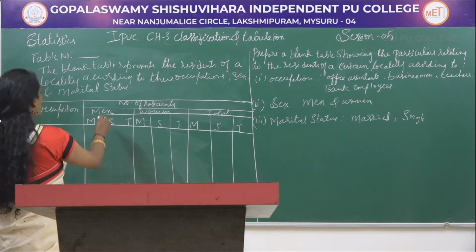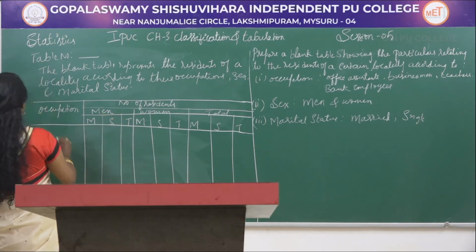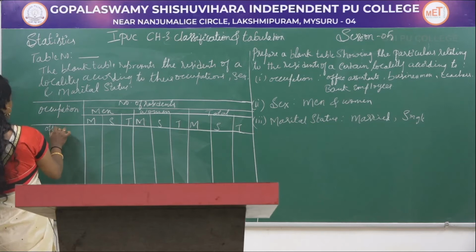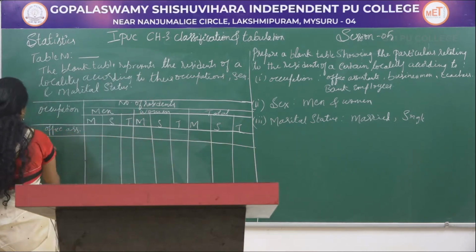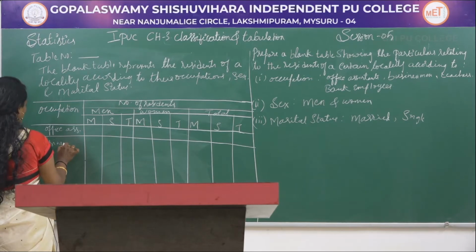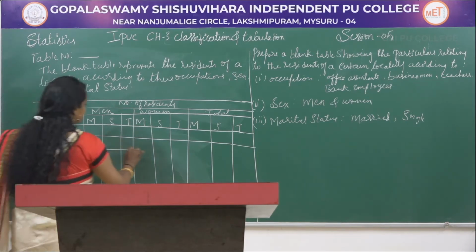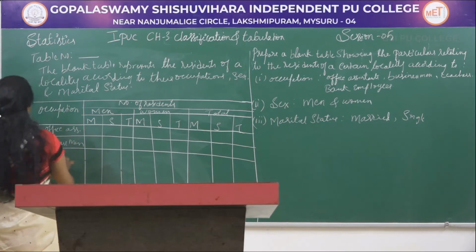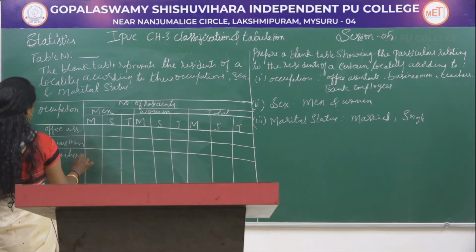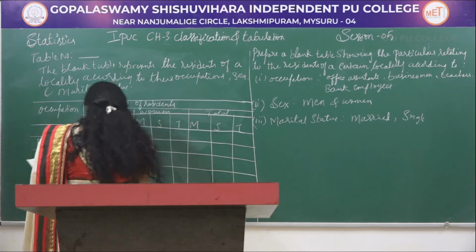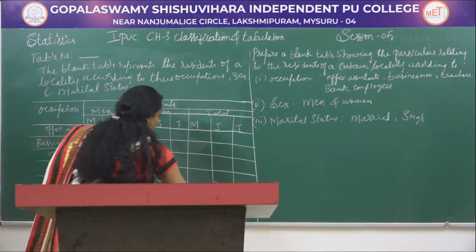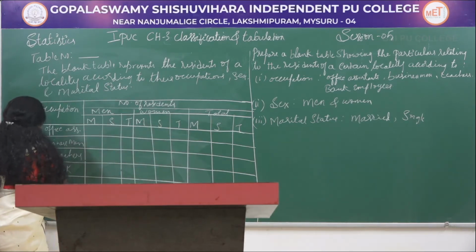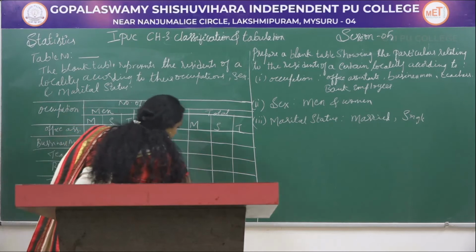Next, in occupations, we have to take office assistants, next businessman, next teachers, next bank employees. And the last row is about grand total. This total we have to take.